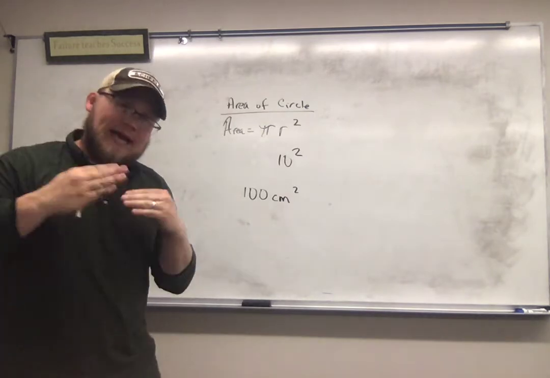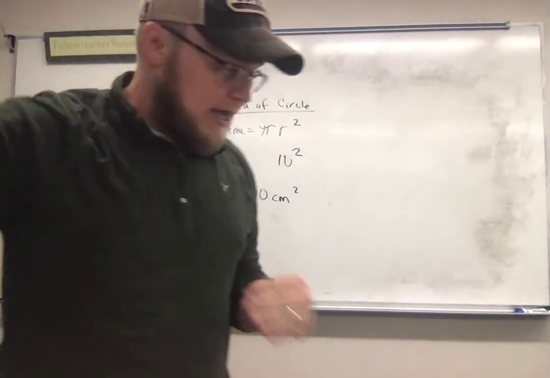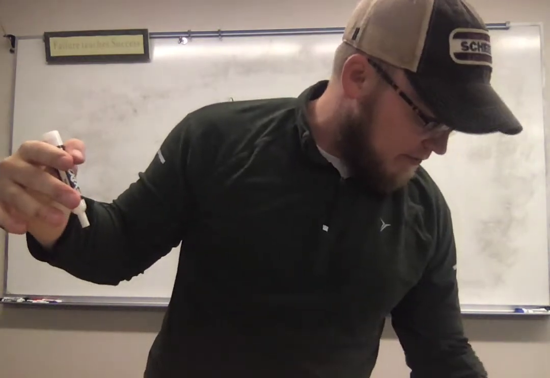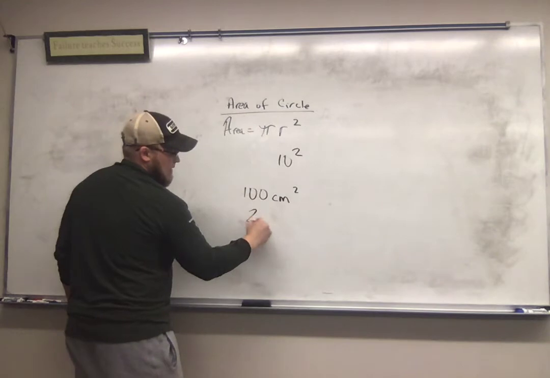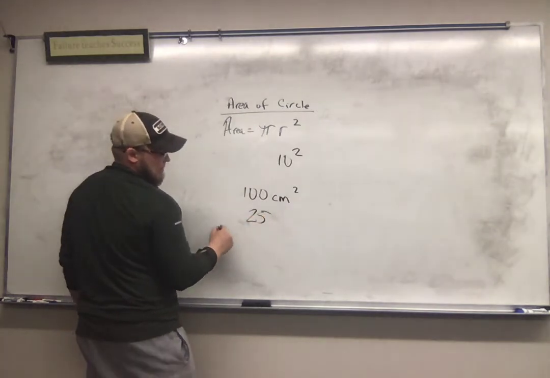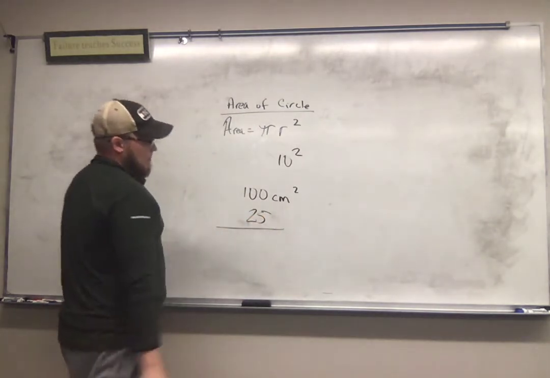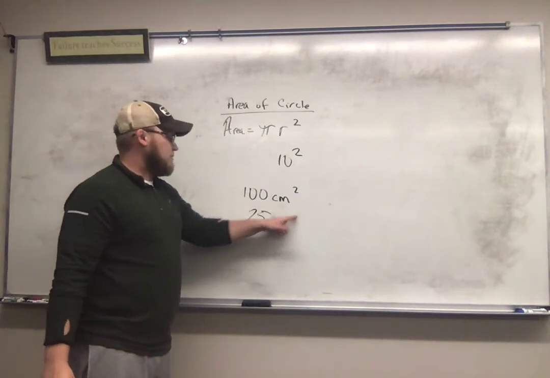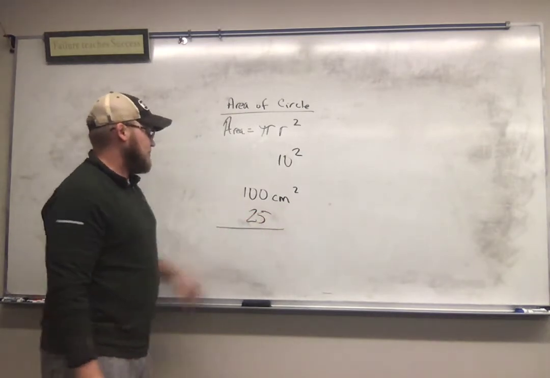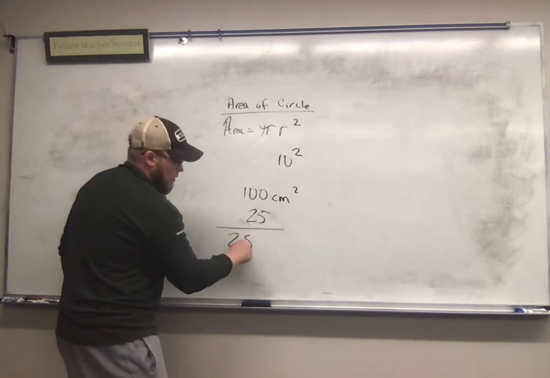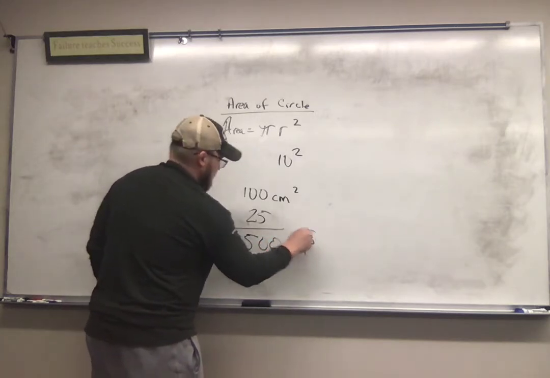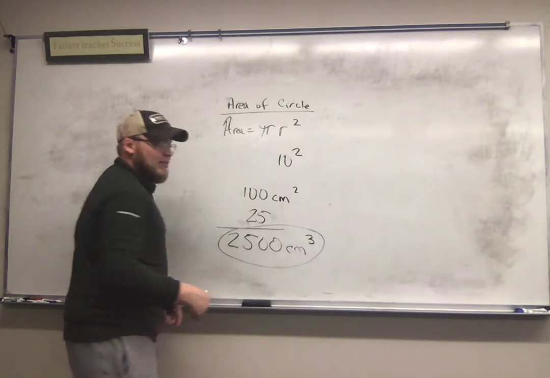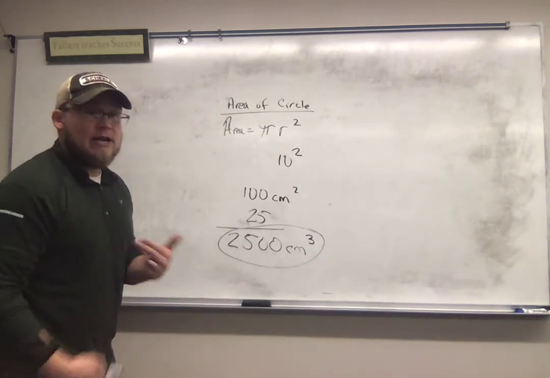Now this is just the area of the base. We now need to times that by the height, which it told us the height was 25, I believe. Correct, 25 centimeters. So now it's 100 times 25 centimeters. Okay? Which really just means move the decimal over twice when you're doing that, for a total of 2,500 centimeters cubed. And now in this case, remember it said leave pi as pi. We didn't multiply that.